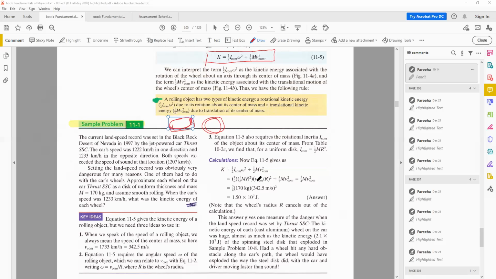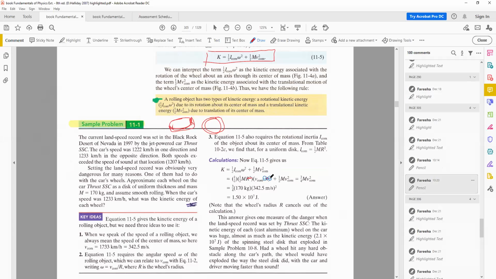Because we have the values given for these quantities, we can substitute them. This r squared will cancel with this r squared, and you're left with 1 over 4 m Vcom squared.